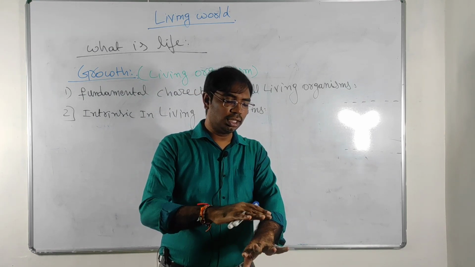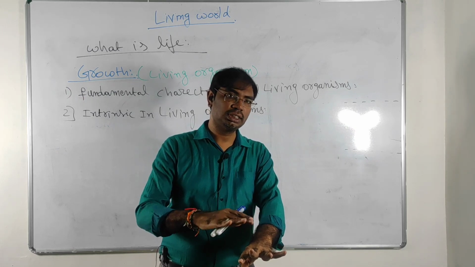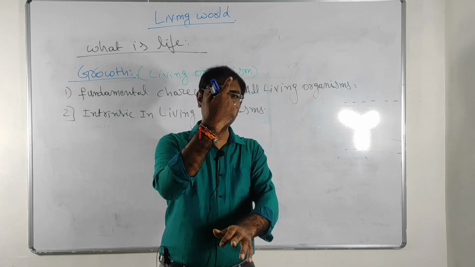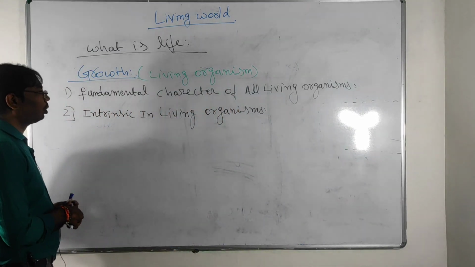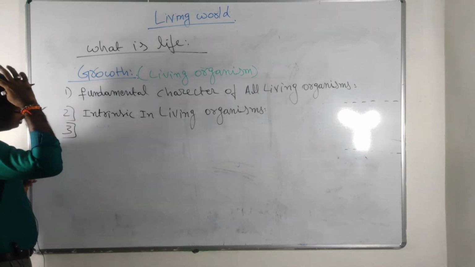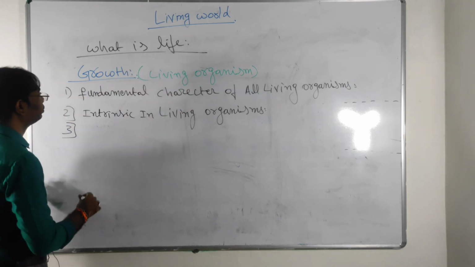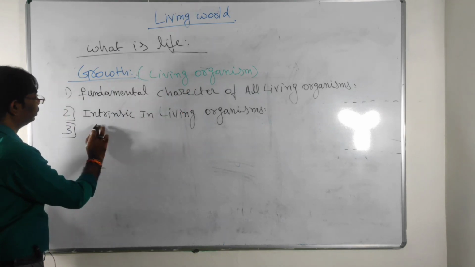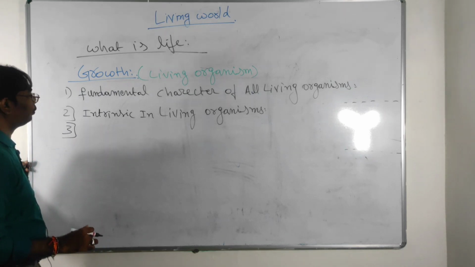So growth in our body is not increased because of accumulation of materials on the surface. The growth is coming from inside the body, that is called intrinsic growth. That is the property of living organisms. And another point is, in which kind of organisms is growth present?